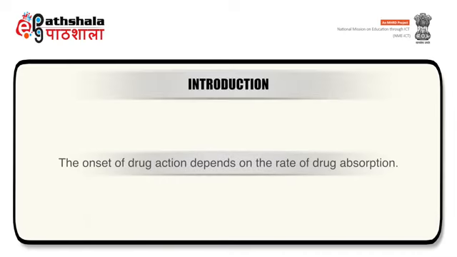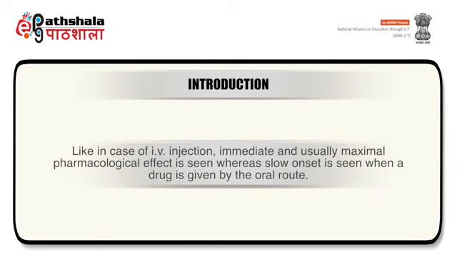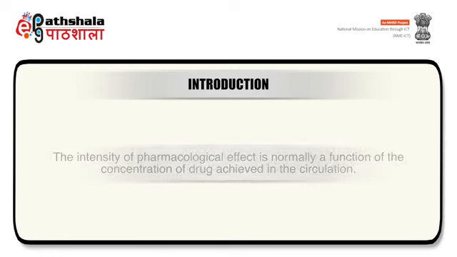The onset of drug action depends on the rate of drug absorption. In the case of intravenous injection, an immediate and usually maximal pharmacological effect is seen, whereas a slow onset is seen when a drug is given by the oral route. The intensity of pharmacological effect is normally a function of the concentration of drug achieved in the circulation.